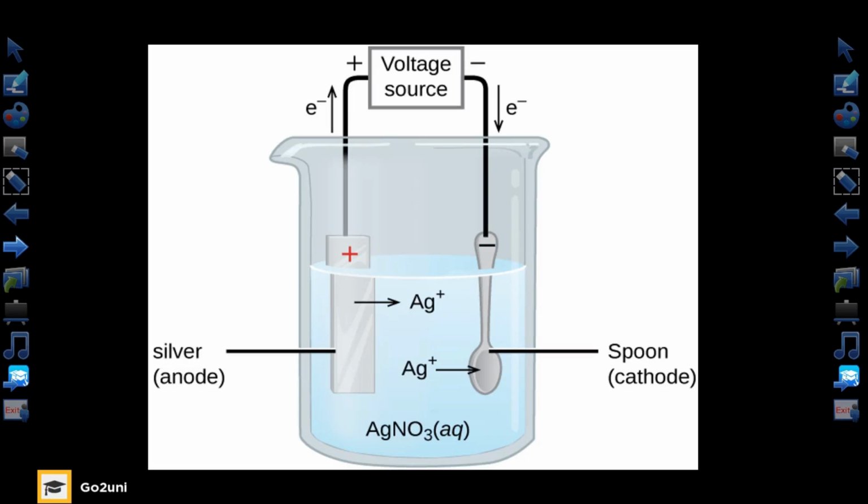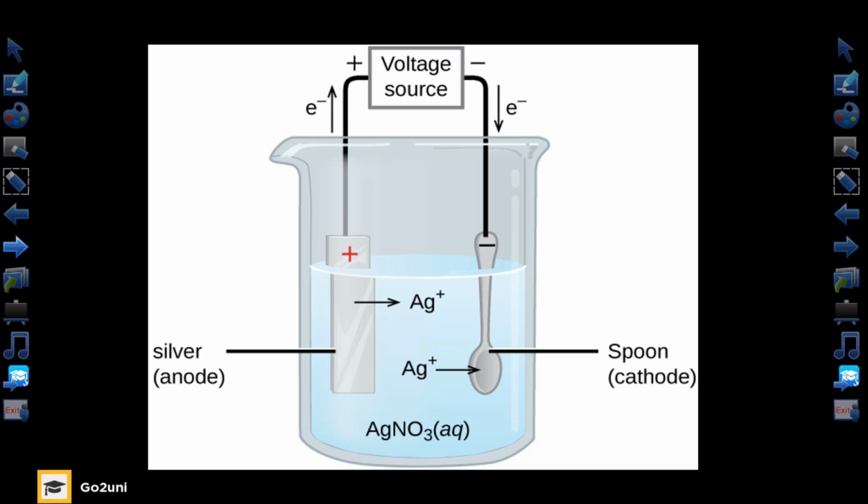If we are to electroplate a spoon with silver, the spoon will be made the cathode and the silver will be made the anode, such that electrons leave the anode and go to the cathode, and we have silver nitrate as the electrolyte. The silver ions from the anode will go into the solution and be deposited on the cathode spoon.